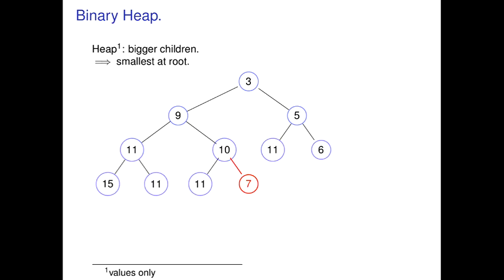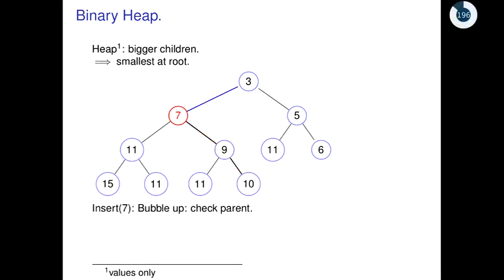Do we have to check? No, because we know this guy is bigger than the parent, and this guy is smaller than the parent, so this guy is smaller than this guy. So we don't even need to check. You just bubble up, you check your parent, you swap. Really a very easy algorithm. And then you stop. Now the time of that is just the depth, because every time you swap, you decrease your depth by 1.